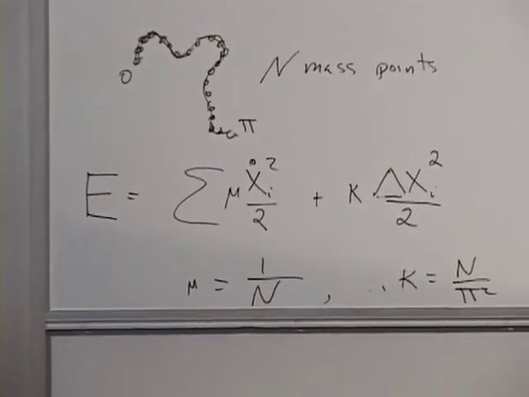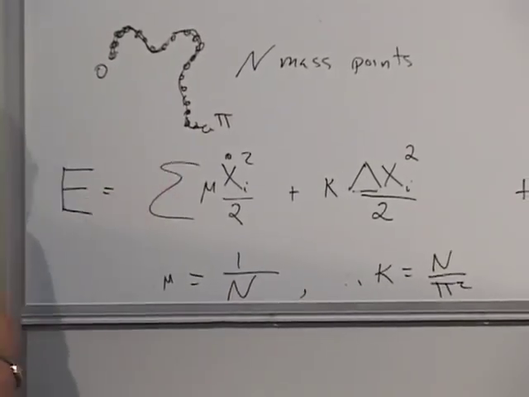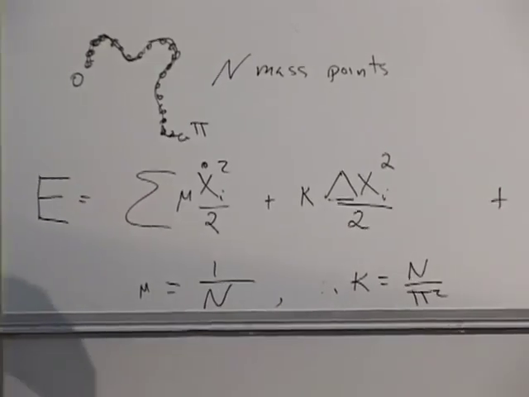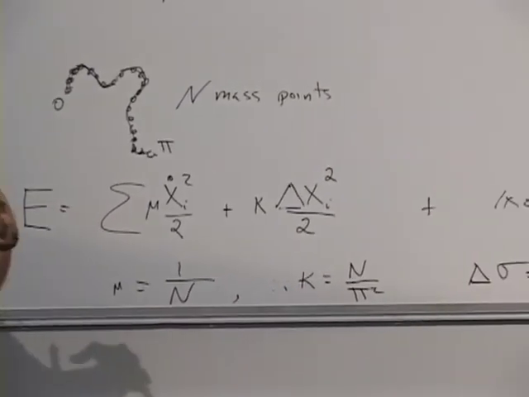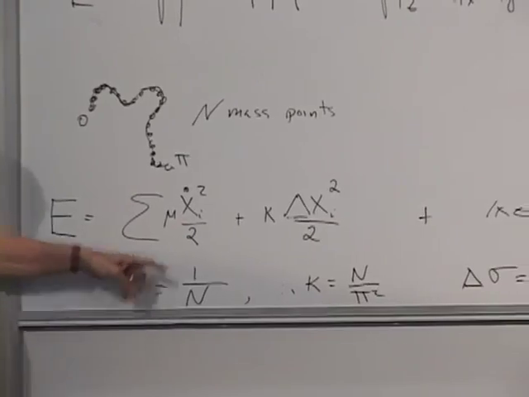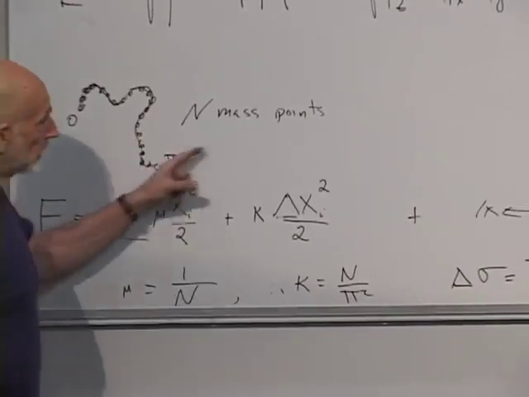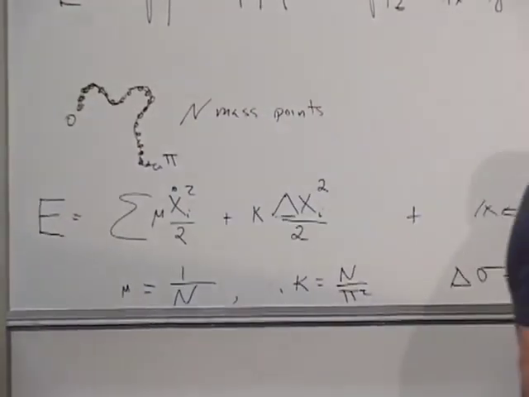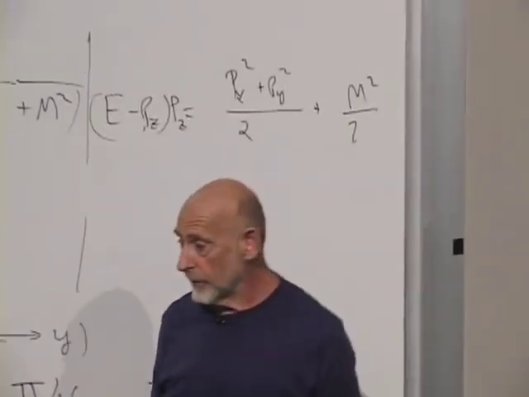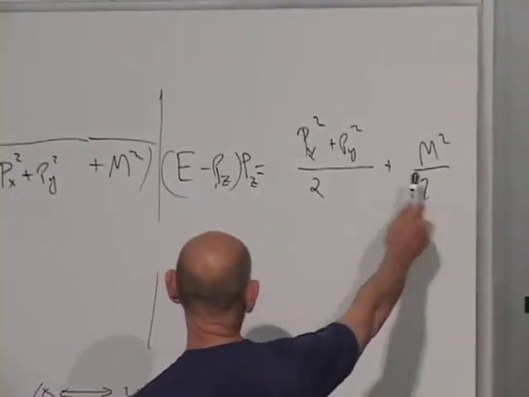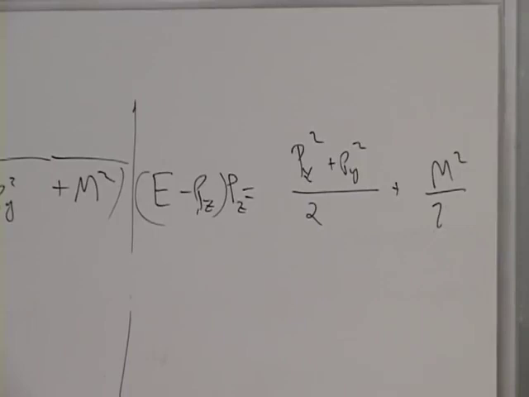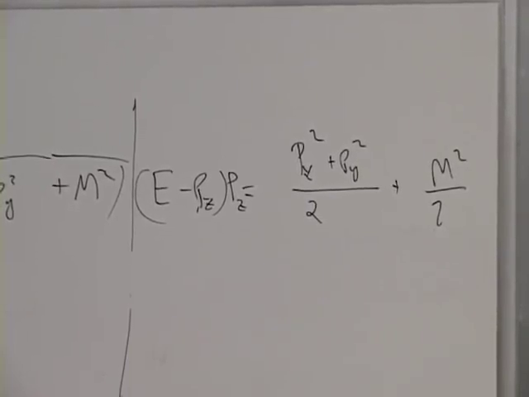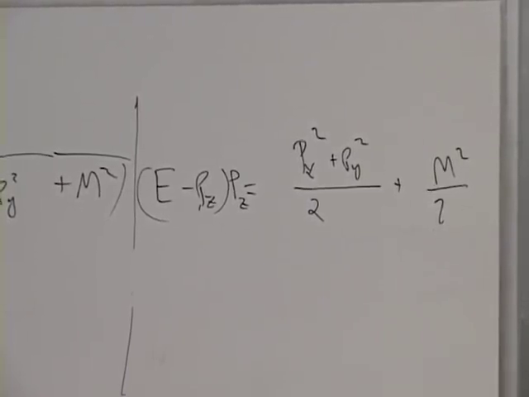And it has some energy. If the string is at rest in this plane, in other words, if it doesn't have any net motion in the plane, then its total energy will be the square of the mass of the string. So we'll eventually use this formula here to identify this energy with the square of the mass of something. We'll come back to that.